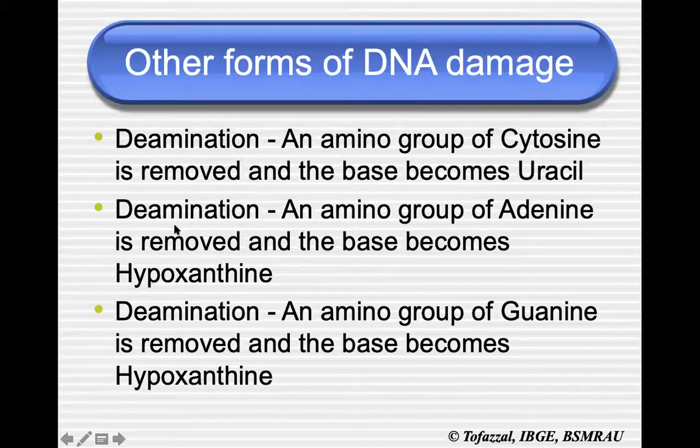Deamination: an amino group of adenine is removed and the base becomes hypoxanthine. So if only one amino group from the adenine is changed, deamination is one of the mechanisms. An amino group of guanine is removed and the base becomes xanthine, and it is damage.